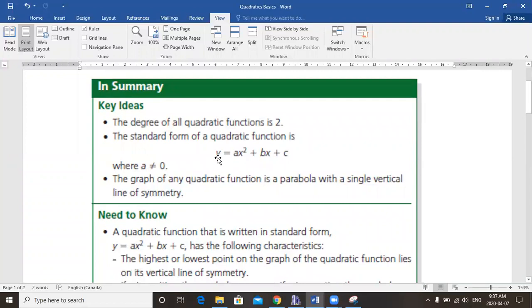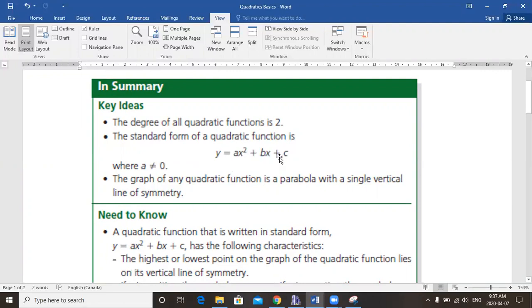And y equals ax squared plus bx plus c is the standard form of a quadratic function. And a cannot be 0 because if a was 0, then the equation would be y equals bx plus c, which you learned in grade 10 Intro to Applied and Pre-Cal is a linear equation. And so we can't have that. If it's quadratic, a cannot be 0.